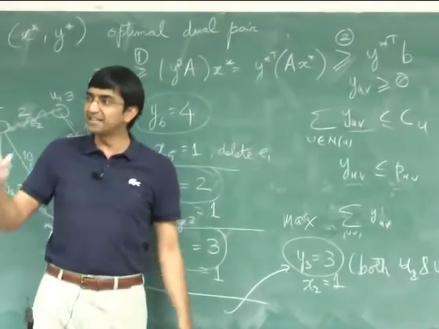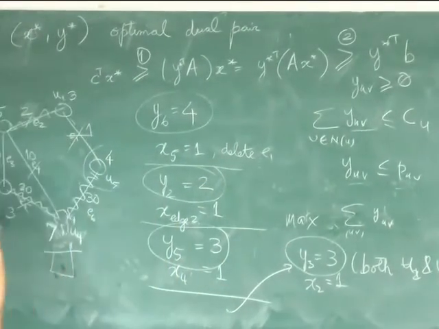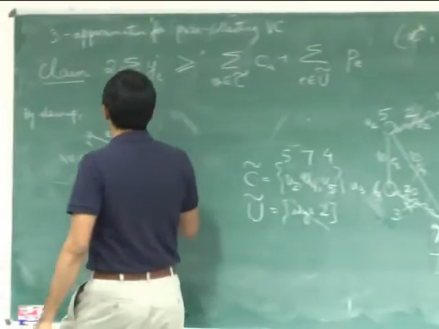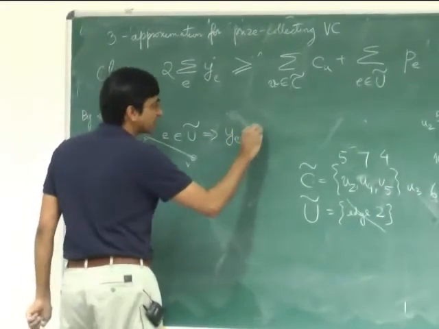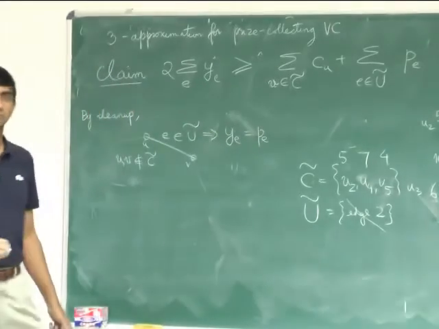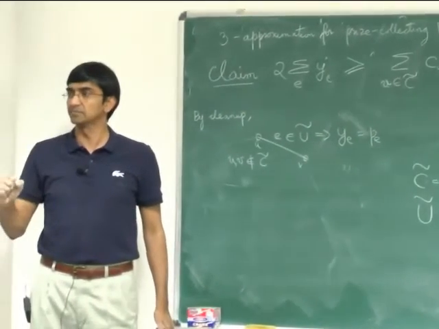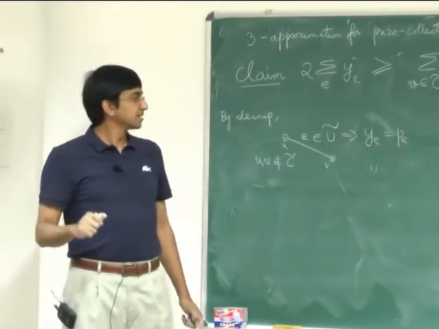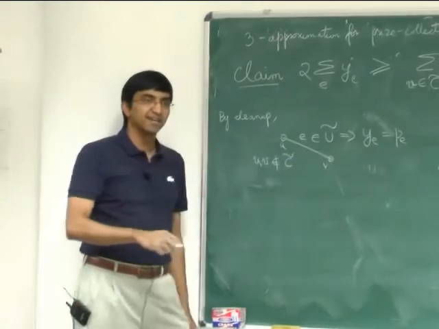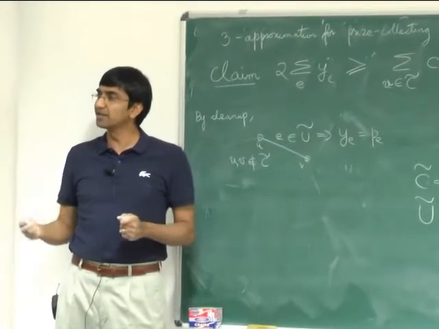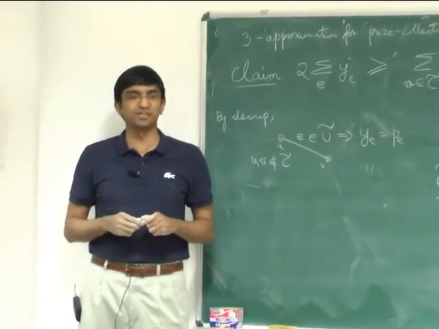So if an edge became tight and thrown into U tilde, that means Y of E equals P of E in my solution. Yes?